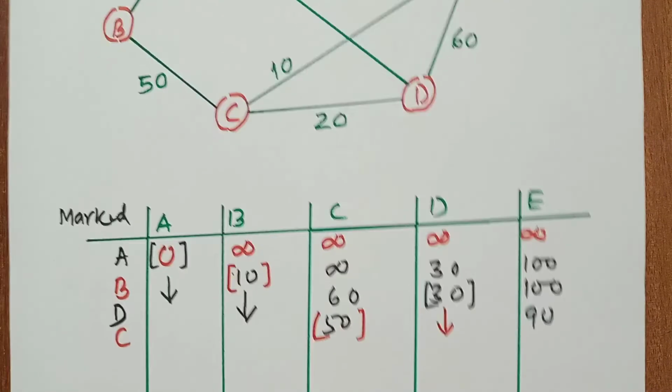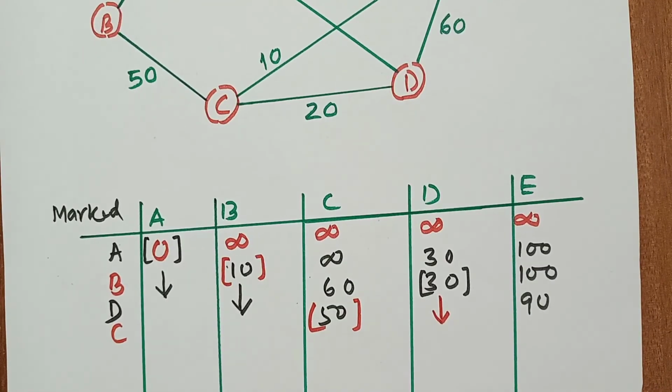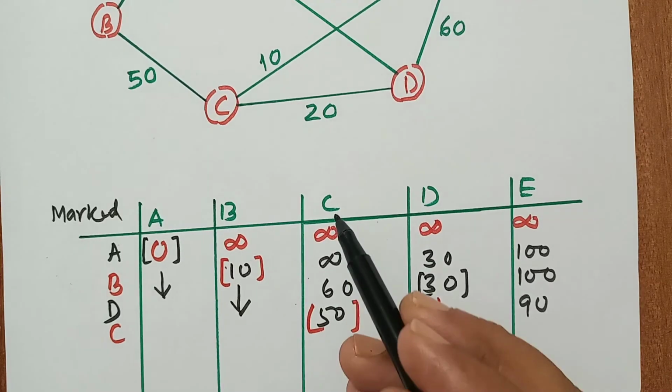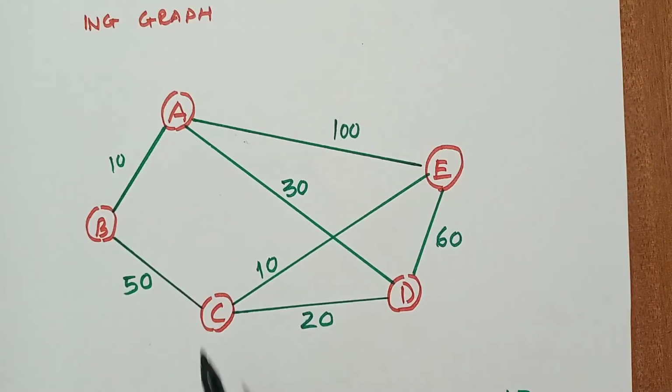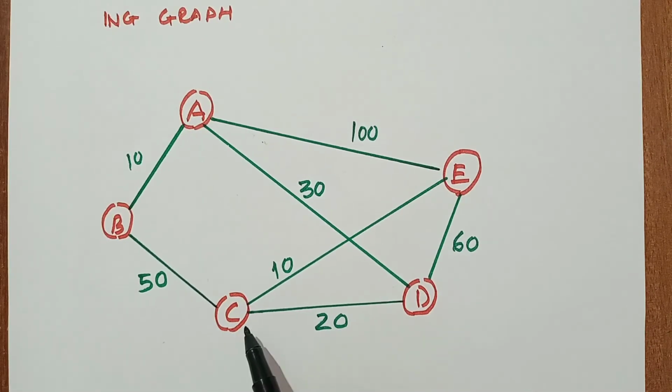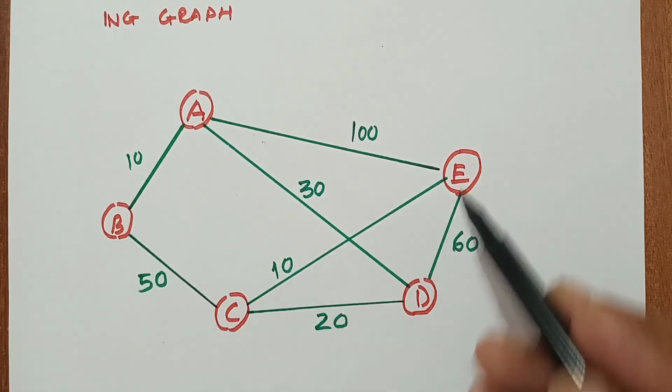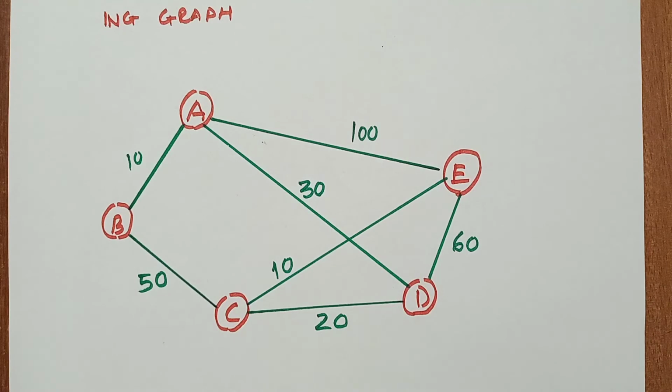Now we concentrate on C. Where is C? C is here. How many vertices are directly connected to C? B, E and D. See carefully: B has been marked, so no need to touch it, and D has been marked, so no need to touch it.